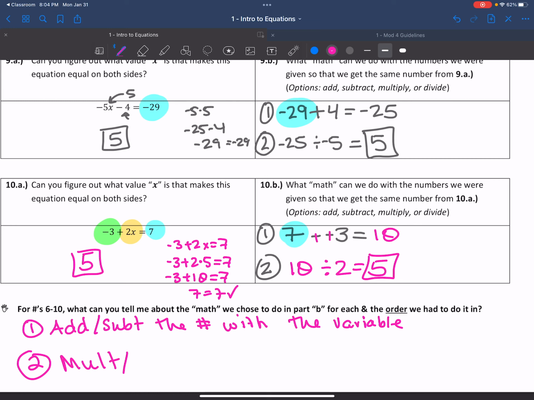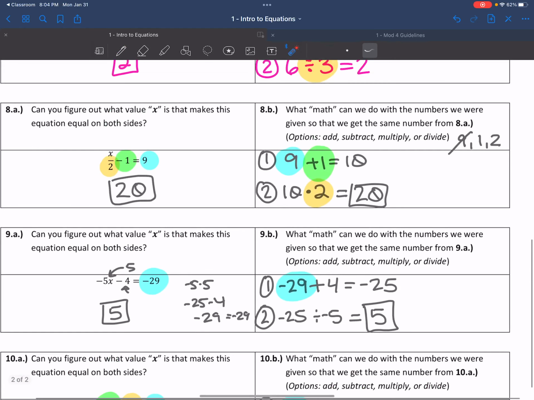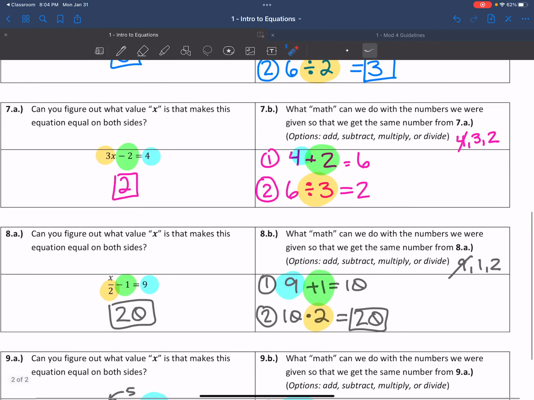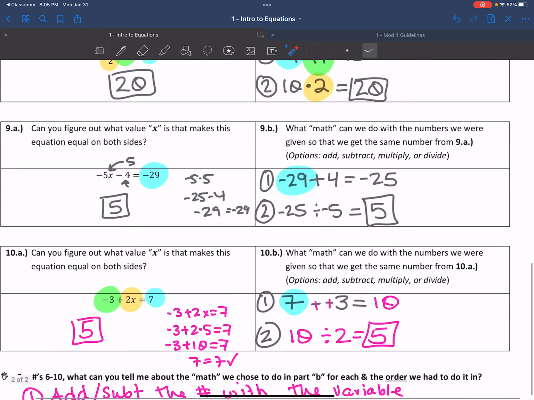We multiplied or divided the number attached to the variable. Here, 2x is attached. Here, negative 5x is attached. Here, dividing by 2 is attached. Here, 3x, it's attached. Attached, okay?